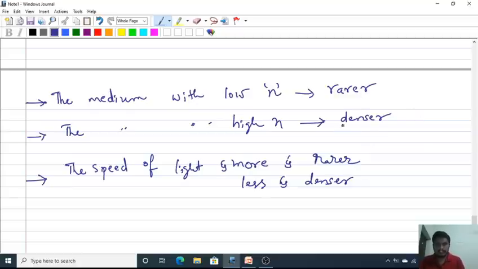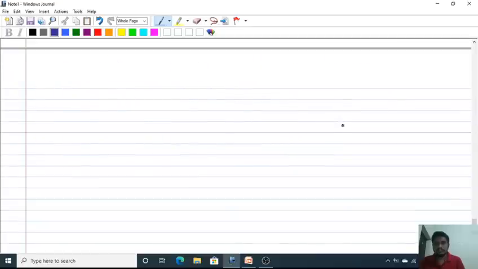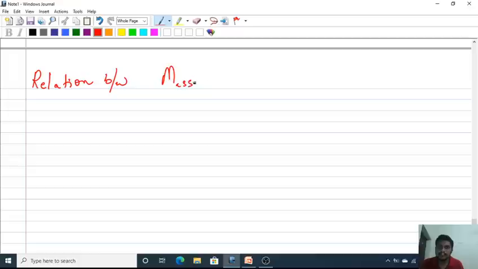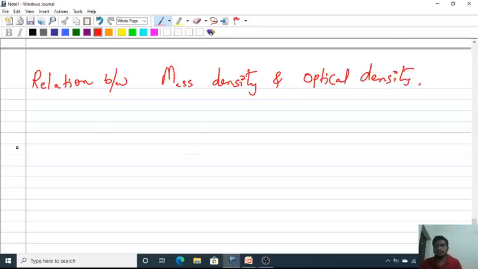Okay, next we will discuss the relation between mass density and optical density. So, what is mass density?